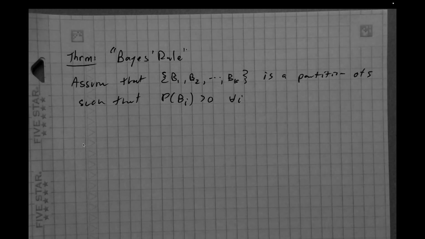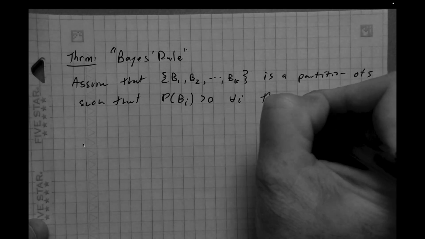These sets all have something in them, meaning that therefore their probability is greater than 0. Okay, then here's Bayes' rule.